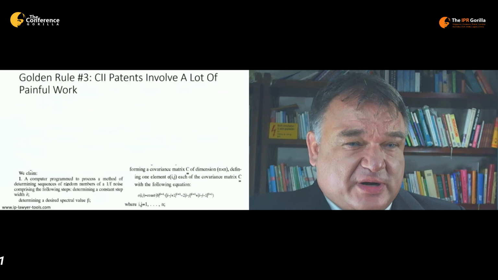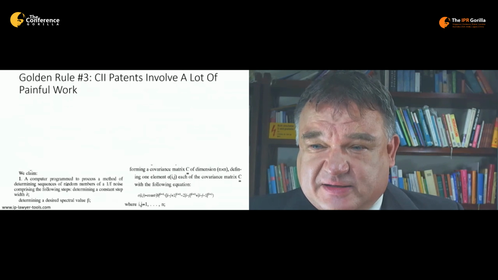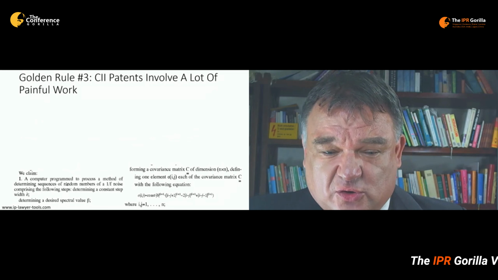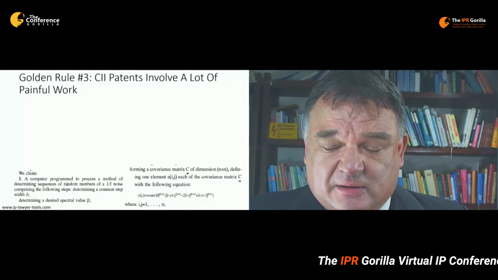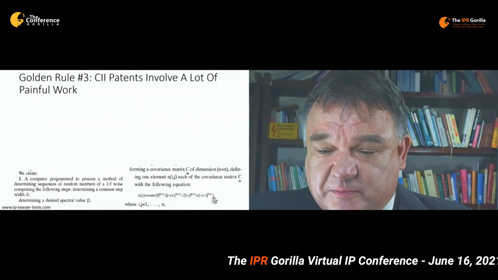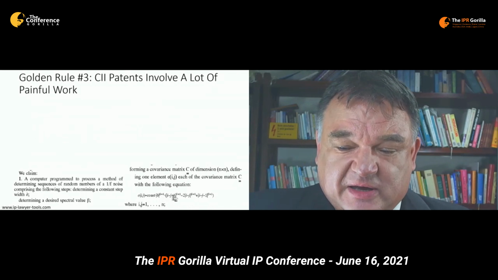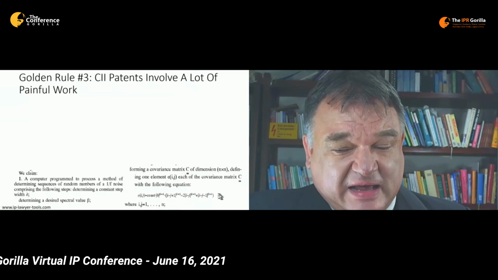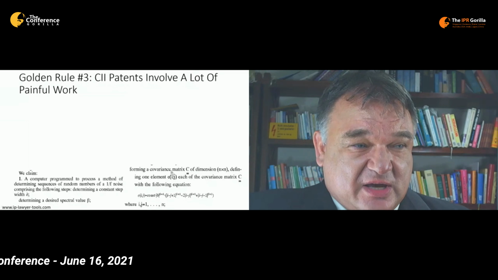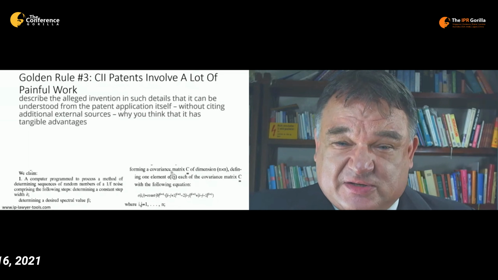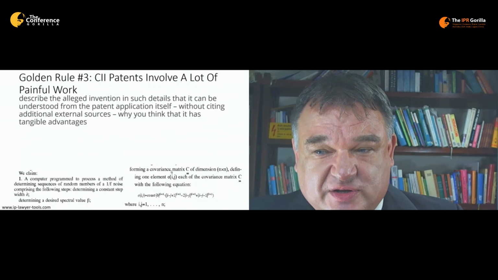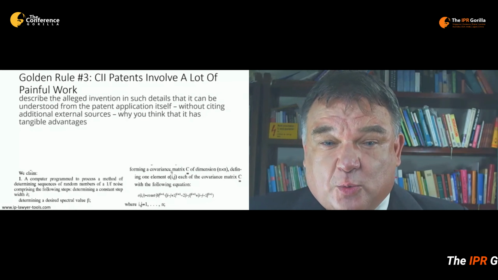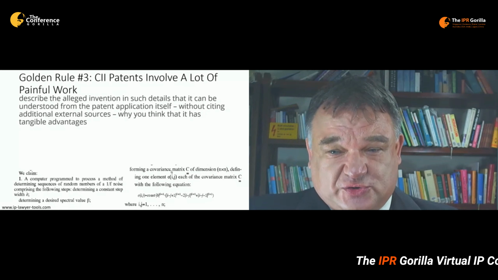Then golden rule number 3, CII patents involve a lot of painful work. Especially when you have something like the algorithm below. This is a complicated matrix formula, an algorithm, a covariance matrix. And the problem is, you must describe the alleged invention in such detail that it can be understood from the patent application itself without citing additional external sources.